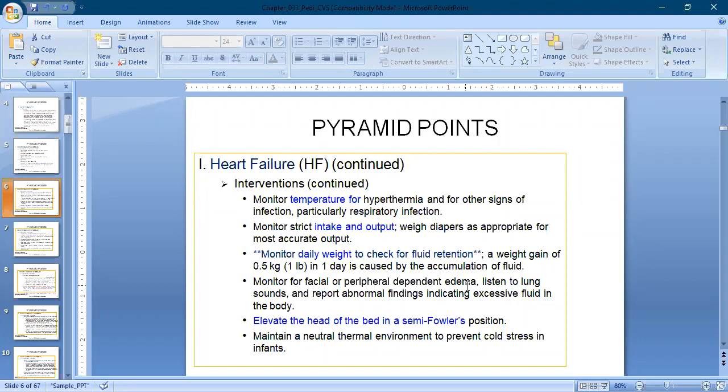We have to give comfort to the patient. Patient position is super important, right? We keep them in semi-Fowler or Fowler posture. Maintain a neutral thermal environment to prevent cold stress in infants.